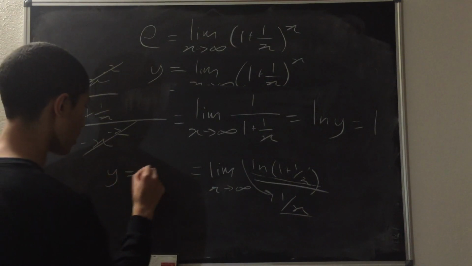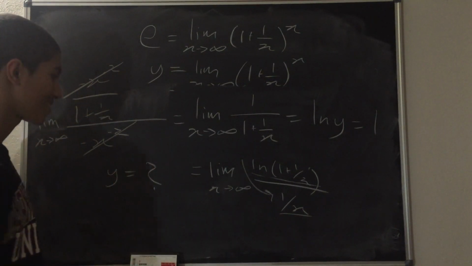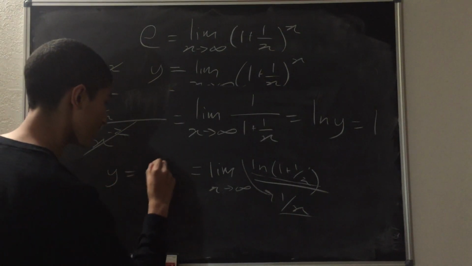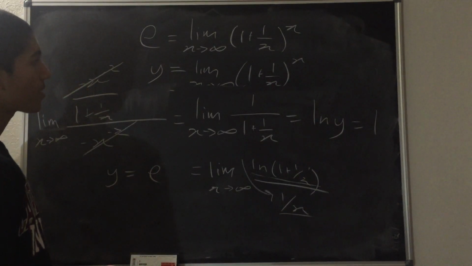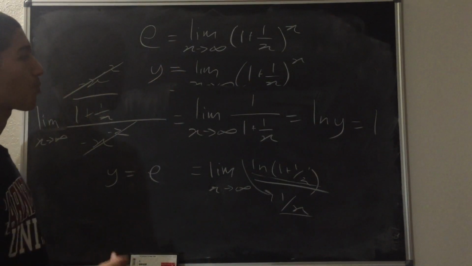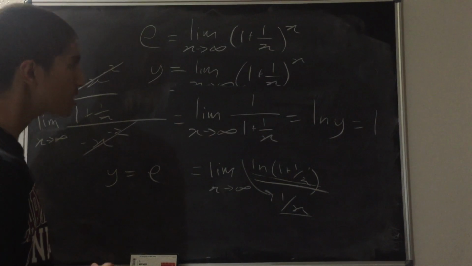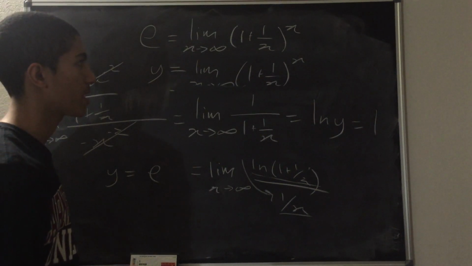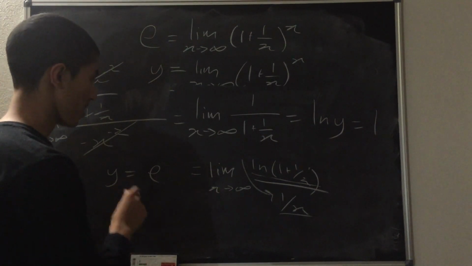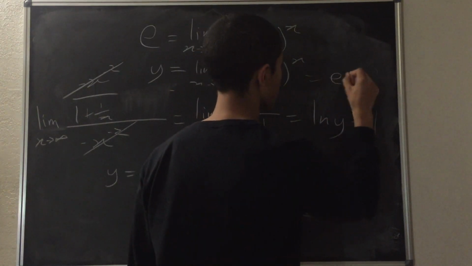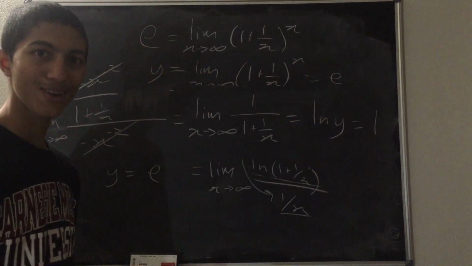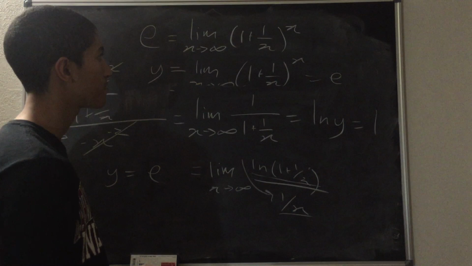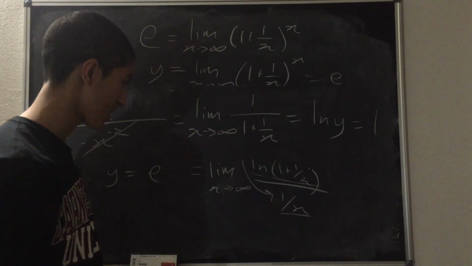So what is y? y, of course, is equal to e. And now I can plug in my original definition for y, which is the limit x tending to infinity of (1 plus 1 by x) whole to the power of x, and that equals e. And wonderful, we have now demonstrated why Euler's number is defined in such a mysterious way.